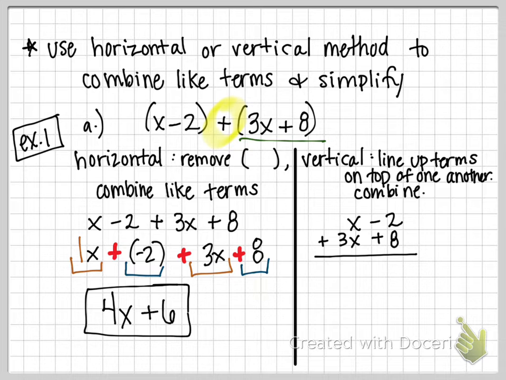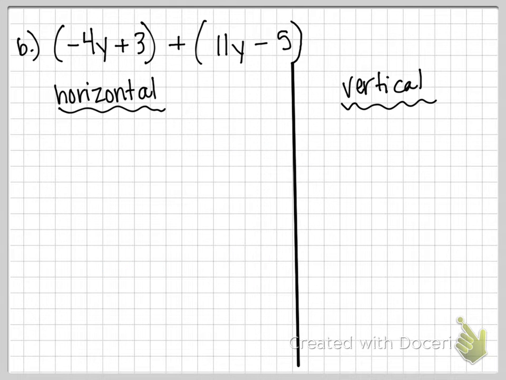Then you line up the like terms, and then you add. If we add the constants, -2 plus 8 is +6, and 3x plus x is 4x. So we get it into simplest form. Choose which method you want, horizontal or vertical.